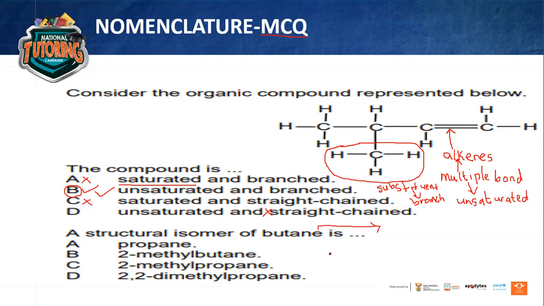For me to work out the molecular formula of butane, I can quickly just draw butane for you. Perhaps this will make it easy instead of working with a general formula. Remember, but means 4 carbons, 1, 2, 3, 4. And then ane means that it is an alkane, so it must be single bonds between carbon atoms and only hydrogens.